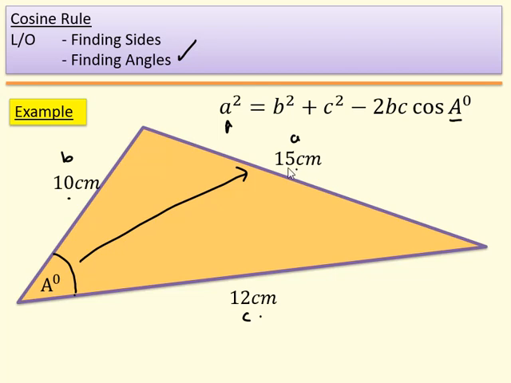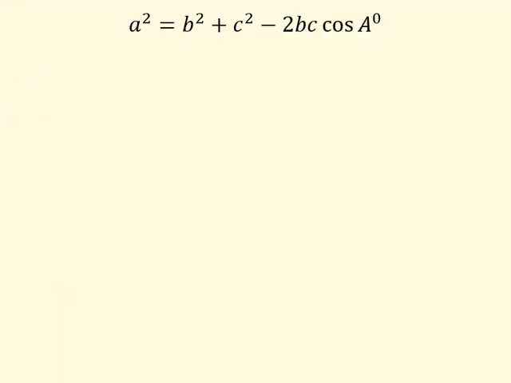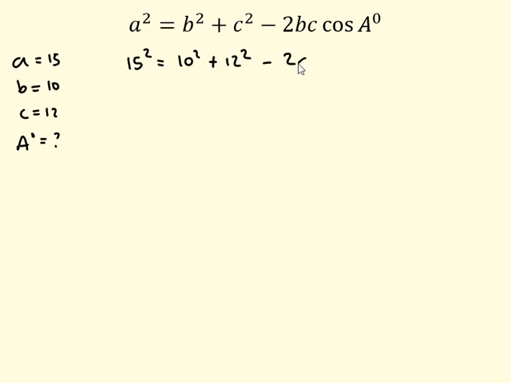So 15 would be the A in the formula. Remember, it's two sides and the angle between them, so B and C would be 10 and 12, and they'd go in where B and C are. So A was 15, let's say B was 10 and C is 12, and the angle capital A, we don't know what that is. If we put that in the formula, that would be 15 squared is equal to 10 squared plus 12 squared, take away 2 times 10 times 12 times cos of something we don't know.